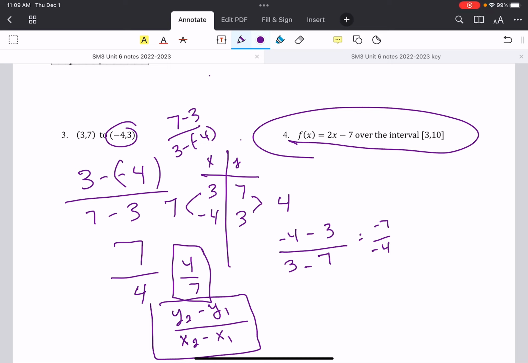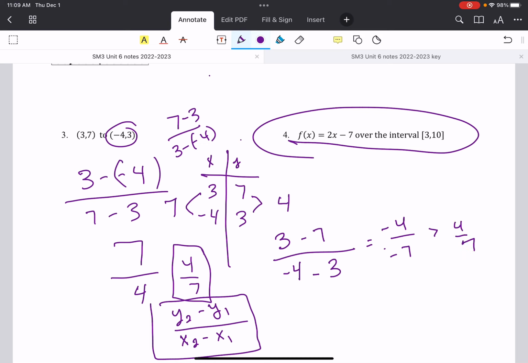You're putting the y on the bottom and the x on the top. Okay, -4 is the x. 3, negative 4, 7, 3. So it's negative 4 over negative 7, so then it becomes a positive 4 over 7. Negative over negative, basically. Okay.